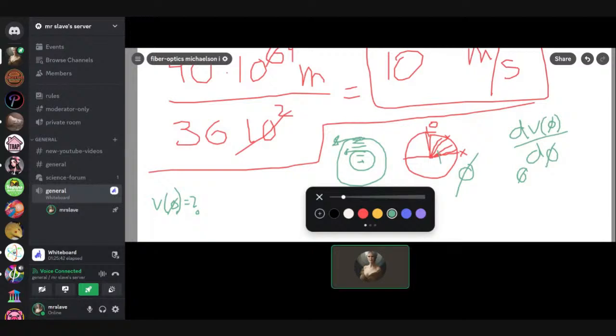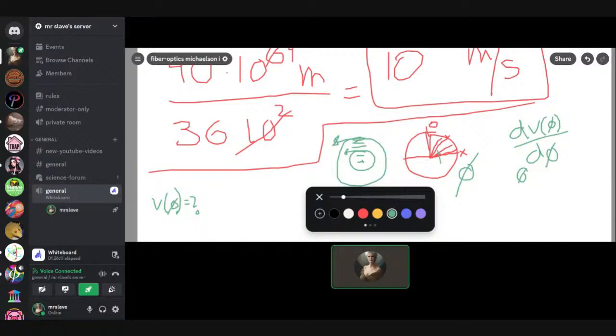At 90 degrees, it's very big, and it's the sine. In the beginning, there's no change. So let's take the velocity and multiply it by the sine.